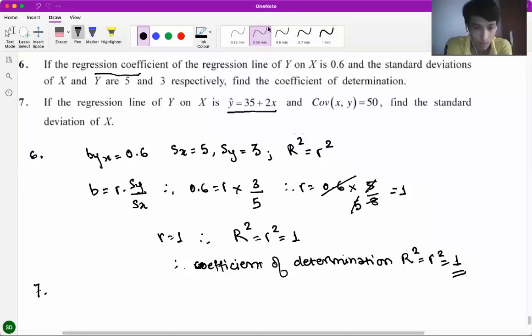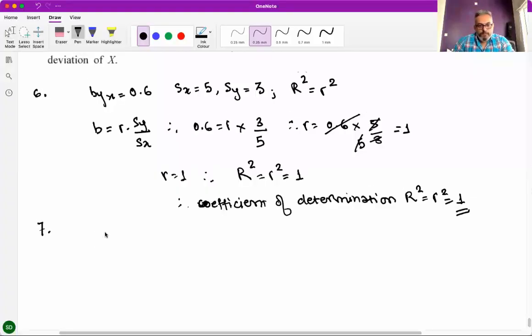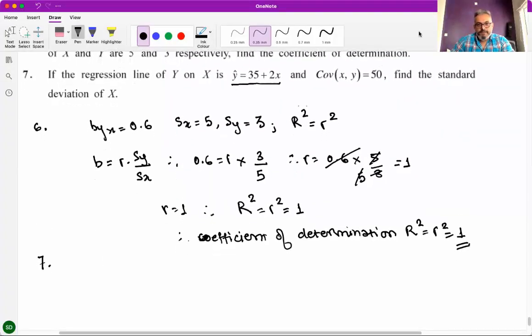I want you to try this sum. In the seventh sum, y cap is equal to 35 plus 2x. y cap is equal to a plus bx. Therefore, b is equal to 2.